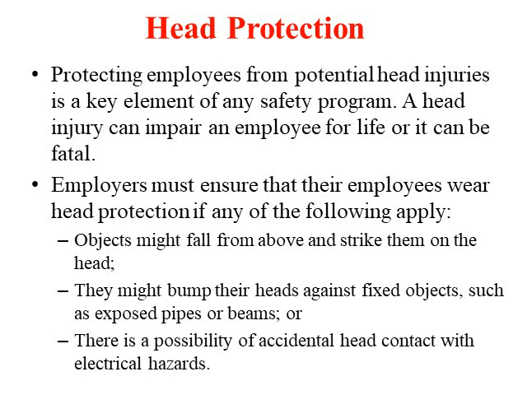Fatal in the sense he may even die if a head injury takes place. Wearing a safety helmet, or what we call a hard hat, is one of the easiest ways to protect an employee's head from injury. Hard hats can protect employees from impact and penetration hazards, as well as from electric shock and burn hazards.